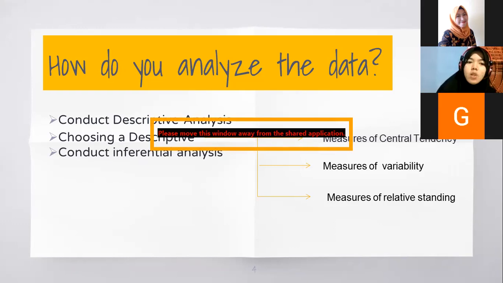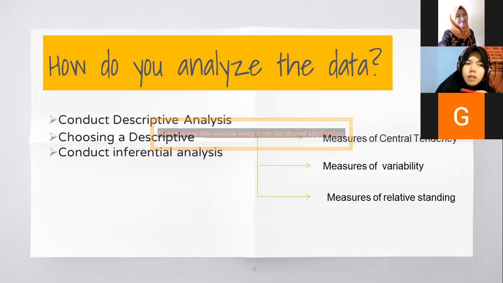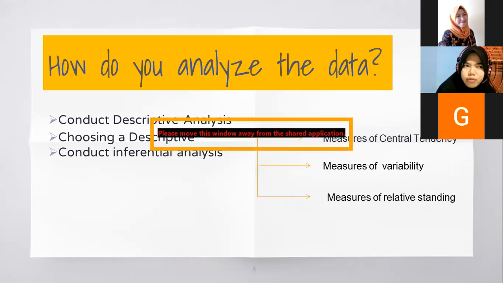The first one is to conduct descriptive analysis. In quantitative research hypothesis, we study only an individual sample from a population, but in descriptive analysis, we just use a single variable one at a time.